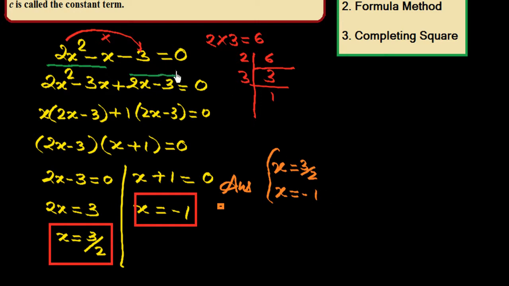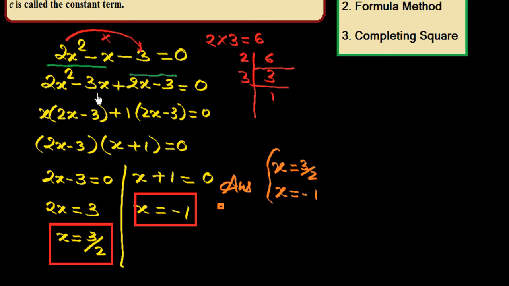So in this way we could easily find the roots of a quadratic equation through the factorization method. It's very simple. Let me again explain. We multiply the coefficient of x square with the constant term. Whatever product we get, we make the prime factorization of that, and after that we see the coefficient of the middle term, the coefficient of x, and according to that we split the middle term with the help of these factors.